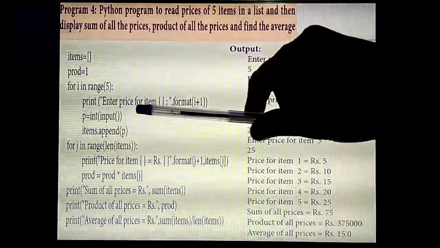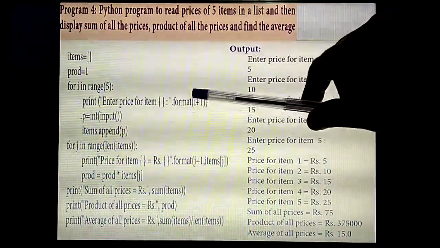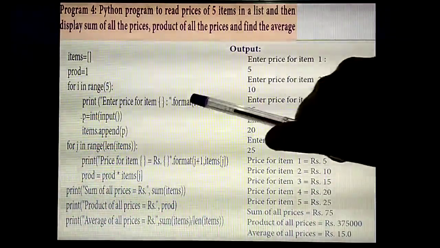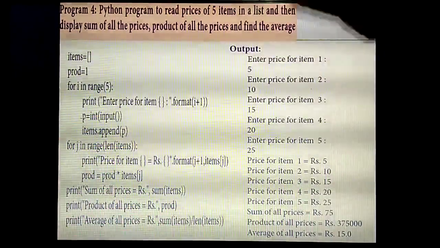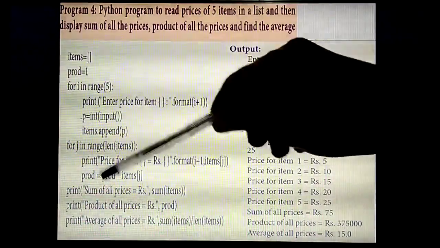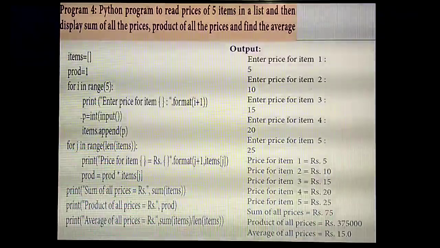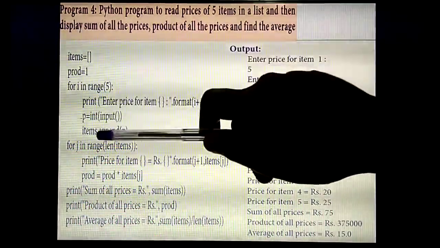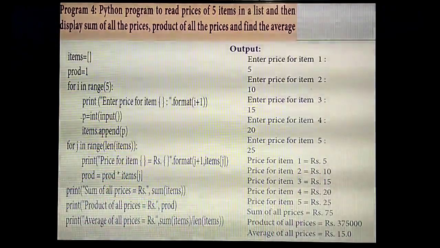Each time you enter the price of item 1, item 2, and each time the value needs to increment till 5, so i plus 1. The value you are entering is a number, so int of input function. Each time the value gets added to the list items, so items dot append of.